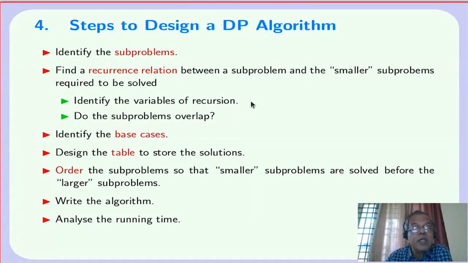Other times we may recurse on two or more variables. Step back and see if the subproblems overlap in the overall recursive process. When you write the recurrence relation, you should also identify the base cases. I have sung and danced about it. Whenever you write a recursive algorithm, you should have at least one base case.